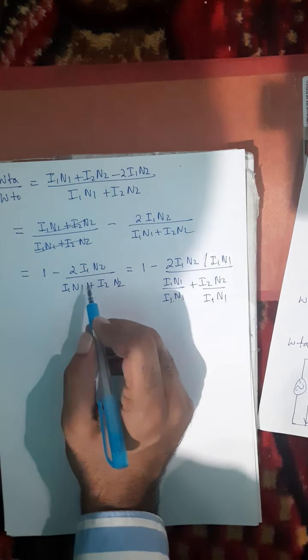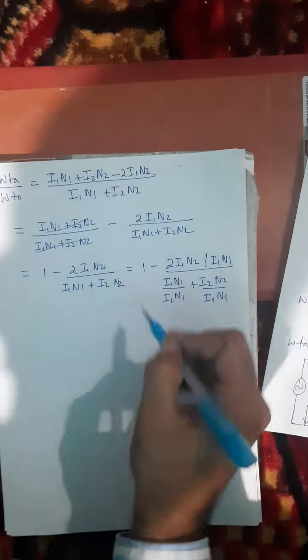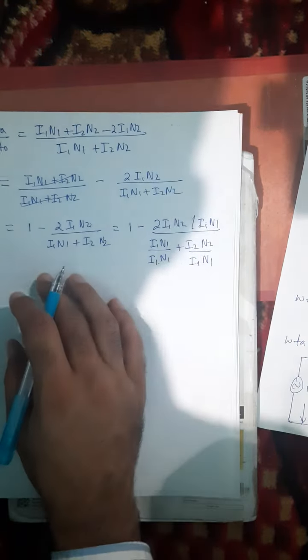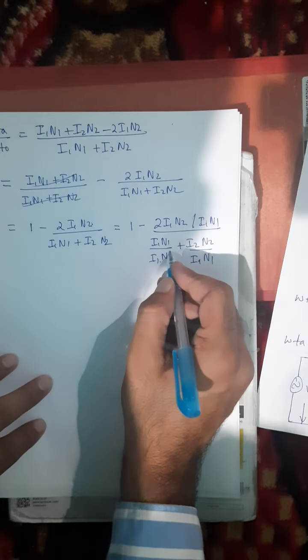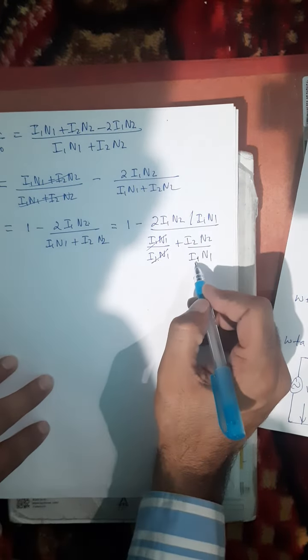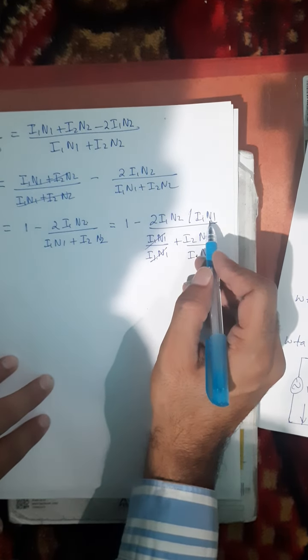But I am doing this to make things simpler, to represent this complex equation in terms of a simple equation. So I1 N1 and I1 N1 will cancel out each other. It is I2 N2 divided by I1 N1.